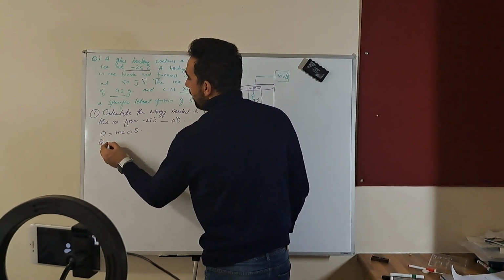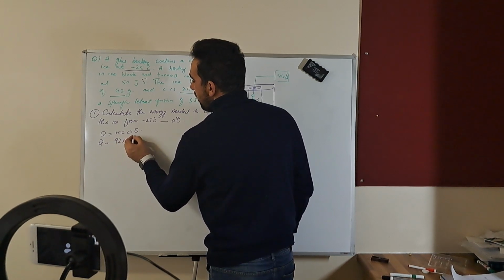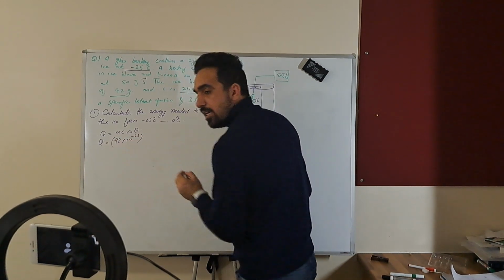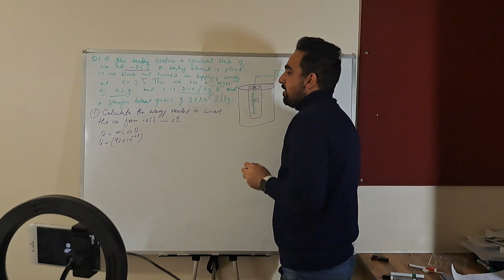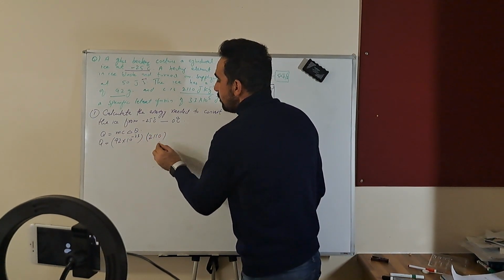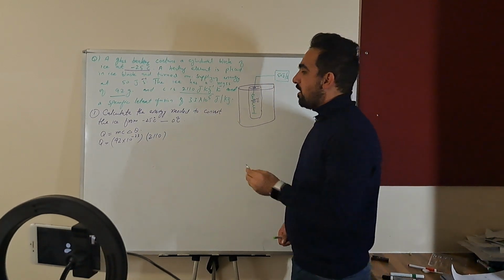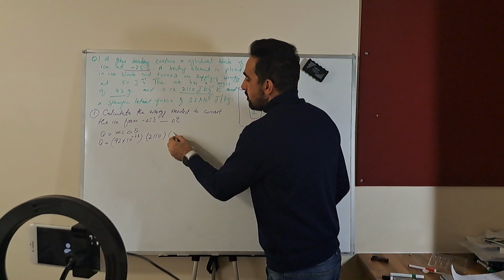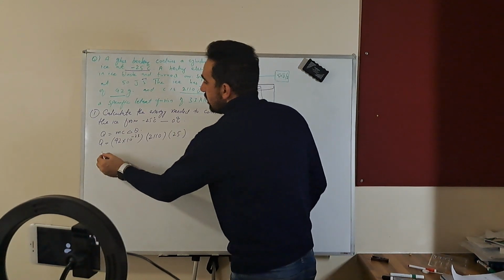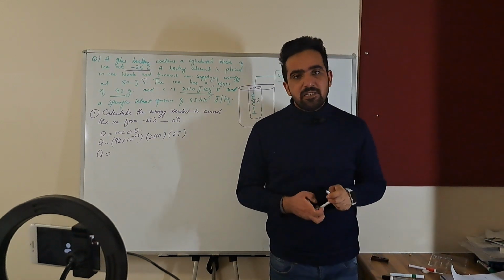Q is equal to m, 92 times 10 to the power of minus 23. All right, and then we got C, which is 2110 joule per kilogram per Kelvin, and we got change in temperature which is 25. So Q will become equal to, we just need to multiply these terms.